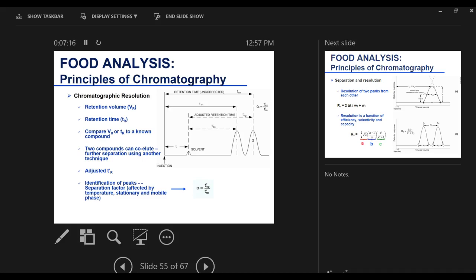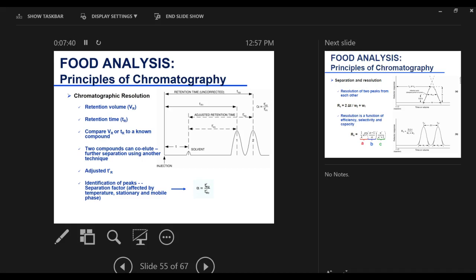And I told you that the detector gives you a signal, because from the time of injection to the time the mobile phase reaches the detector, it is going to detect something. So it gives you a signal, and we call that the solvent front: from the time of injection to the time the solvent reaches the detector.